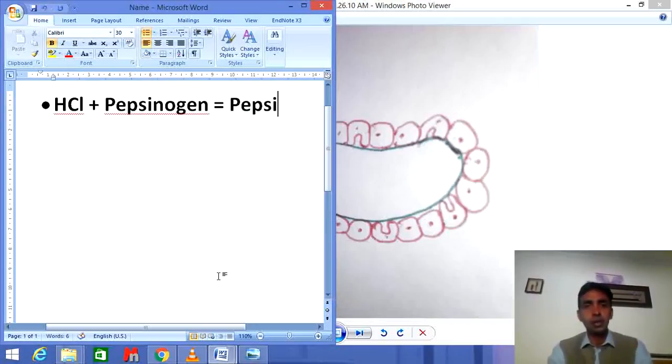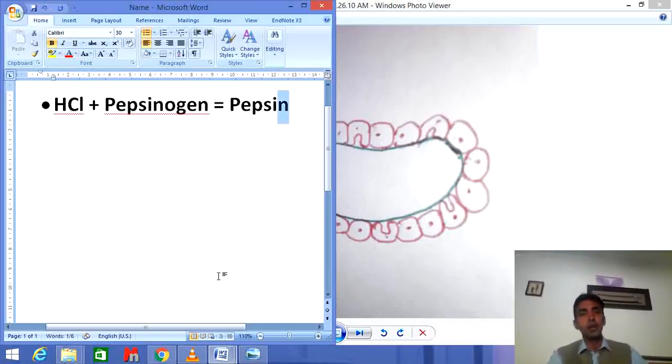Pepsin is the active form of pepsinogen, and this pepsin is responsible for the digestion or breaking down of protein polypeptide chains. So the HCl is responsible for the activation of pepsinogen into pepsin.